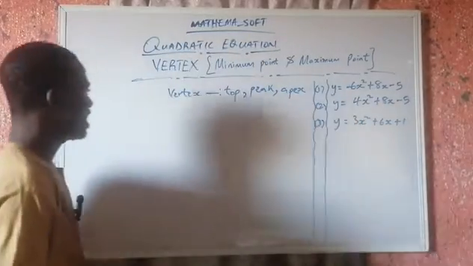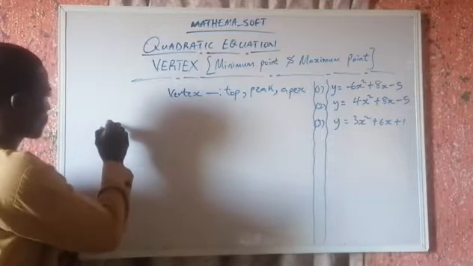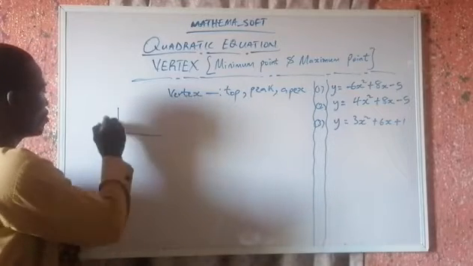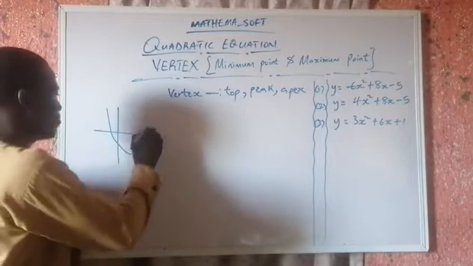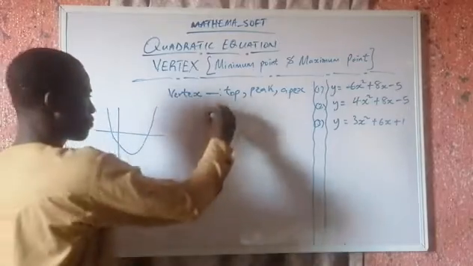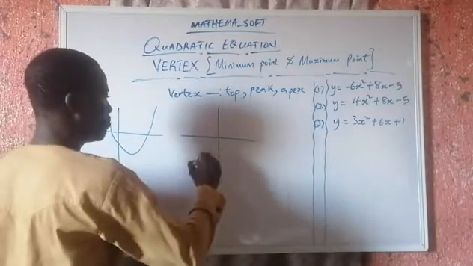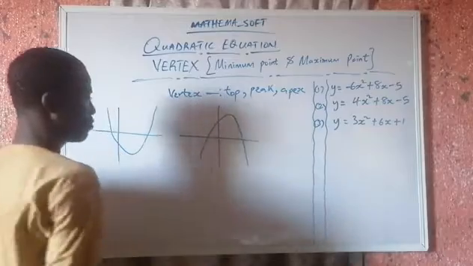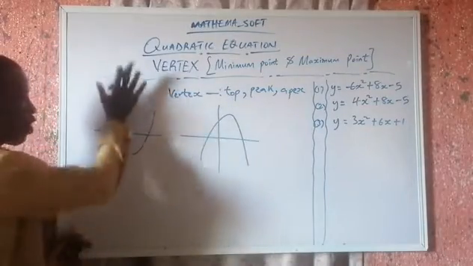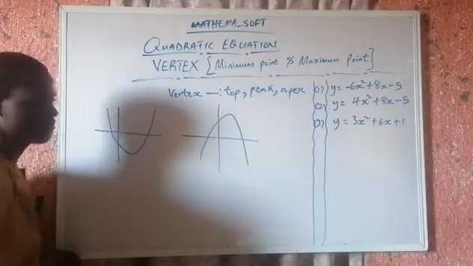So let's go by the analysis. We already know that a quadratic curve can either be a U shape or an N shape. That is, either it opens up or it opens down.